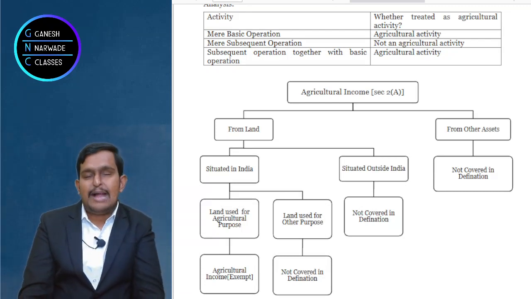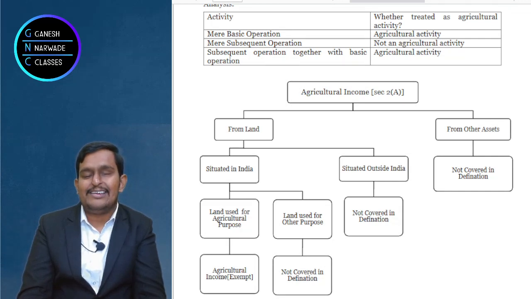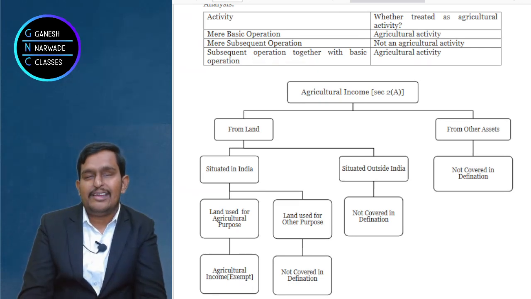Suppose you say I am doing agricultural activity in Sri Lanka, Ukraine, Zambia, Turkey, Lebanon, Syria or Afghanistan, it is outside India, so it is not agricultural income, only for income tax purposes.